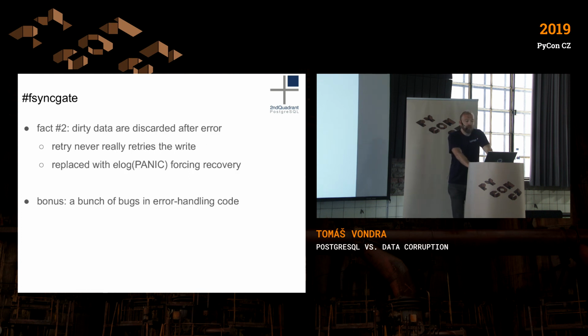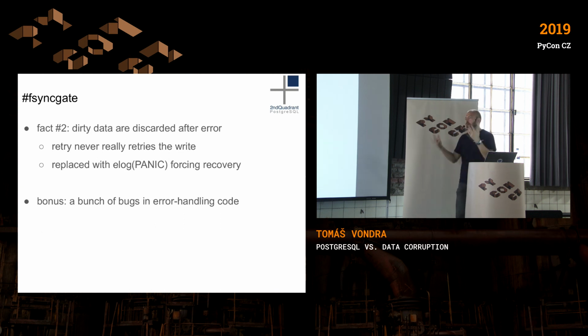The other part is when the fsync fails, the operating system actually just removes the data from the page cache anyway, and expects the application to write that data again, right? But at that point, we don't actually have that in the shared buffer anyway, so we lose the data entirely.